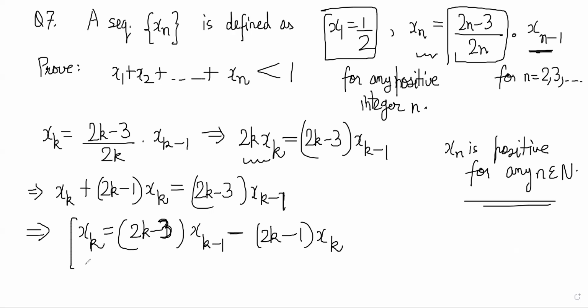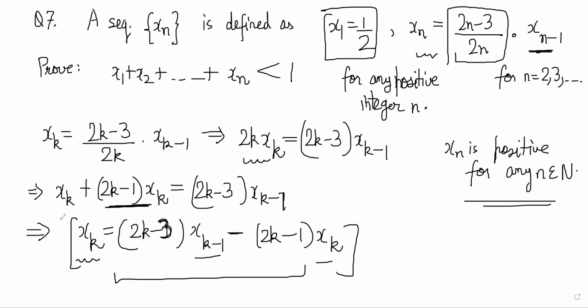So basically we have taken this second term here to the right hand side. We are writing xk in terms of x(k minus 1) and xk, right? Now we will use this condition.